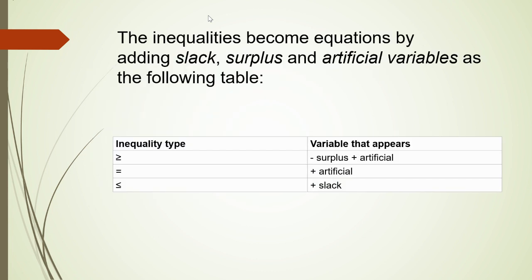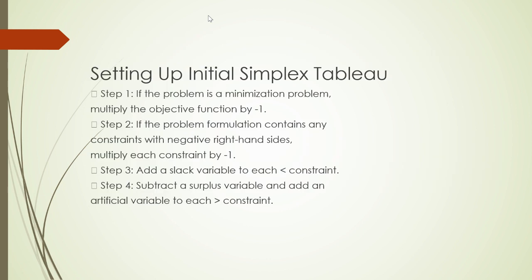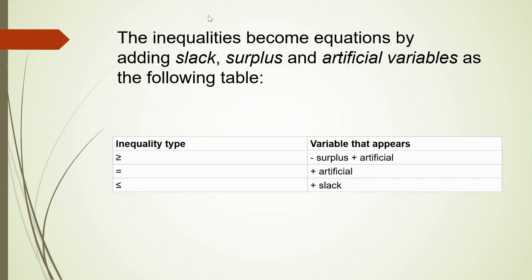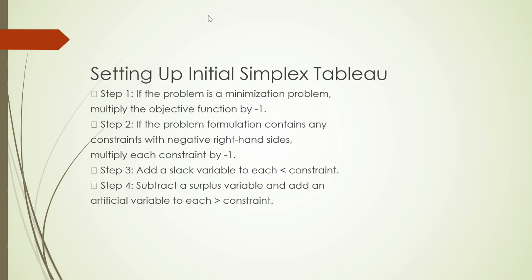And as we discussed earlier, based on the inequality type, we'll introduce slack variables, or we'll introduce artificial variables and surplus variables to the constraint.